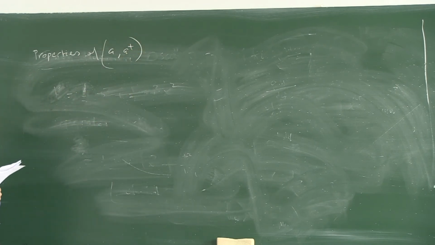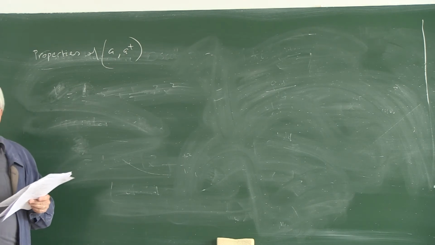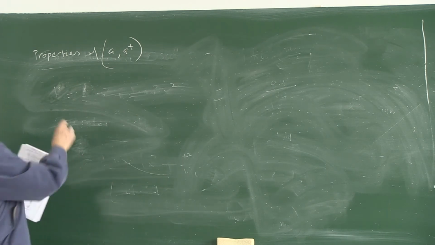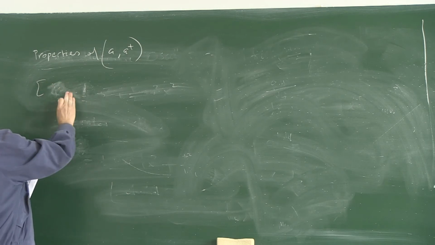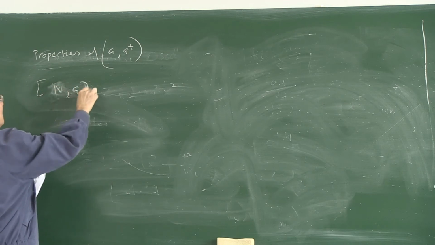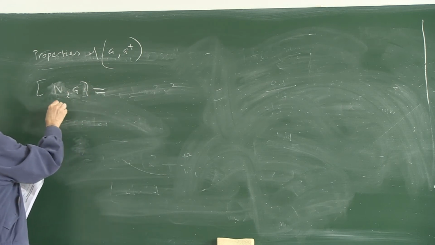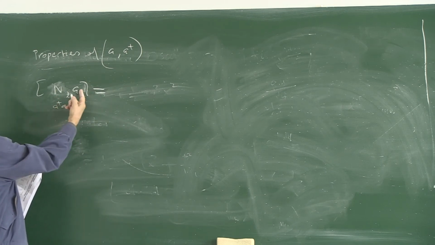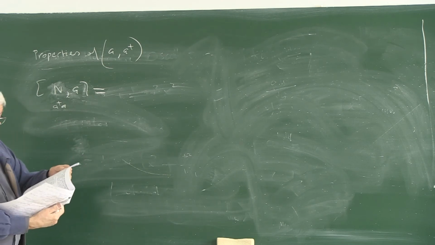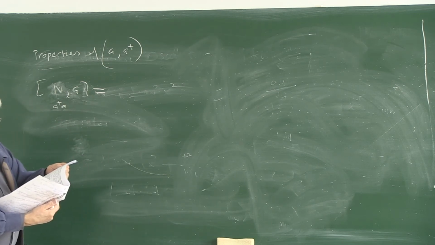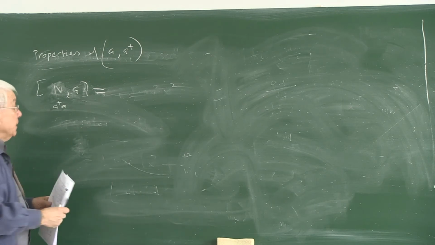Let's work out the commutators of these operators with the capital N. For instance, this one, N and A, is what? This is A dagger A and, I forgot to, of course, work out the commutator of A and A dagger first. Let me do that, sorry.